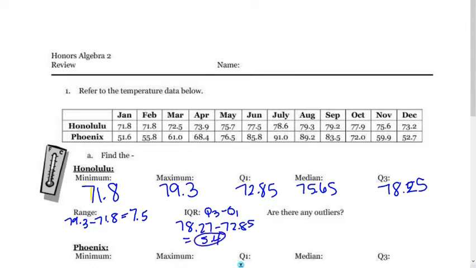So there are lots of questions in Ms. Vogt's class, at least, about how to find the outliers. So the outliers, the formula for that, and yes, you need to know it, is lower outliers will be Q1 minus 1.5 IQR, and upper outliers will be plus 1.5 IQR. So finding the IQR is pretty crucial.